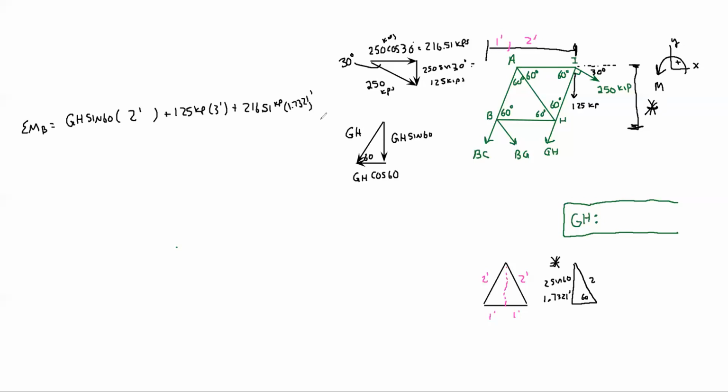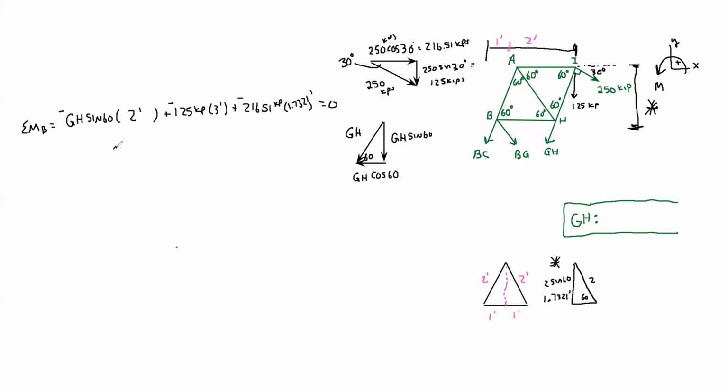All right, let's pull directions now. If we're taking moments about B, the y value for GH is going to cause a clockwise, which is negative. 125 causes a clockwise, which is negative. 216.51 causes clockwise, which is negative.